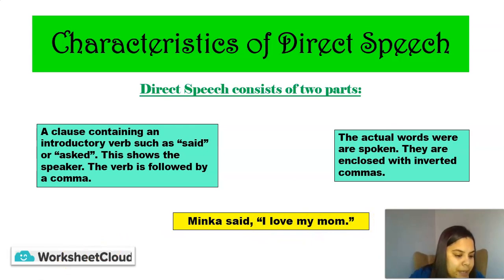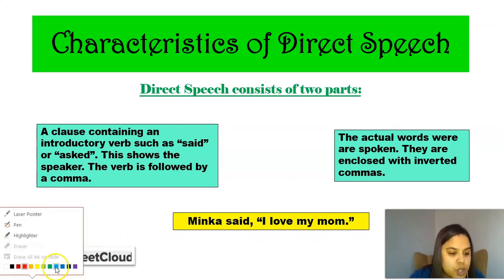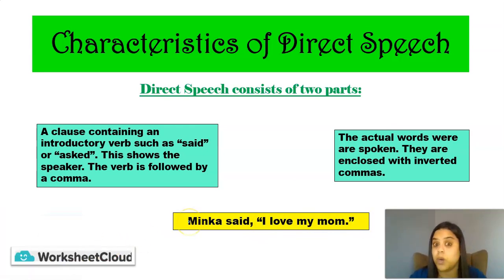So I'm going to take my pen out now, grade 4, so that I can show you exactly what the two parts are. So the one part is Minka said, okay, and this is the verb in the sentence, and it's indicating that someone's about to say something. And after the word said, I put in a comma, okay?